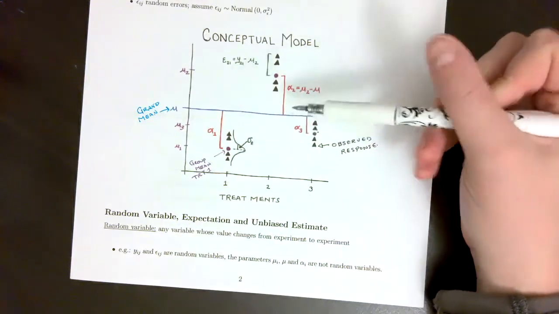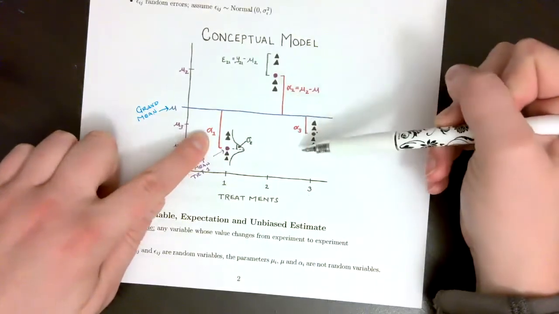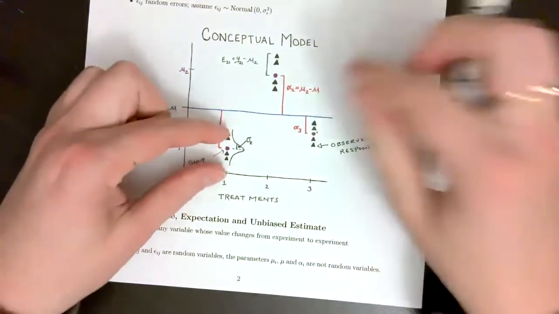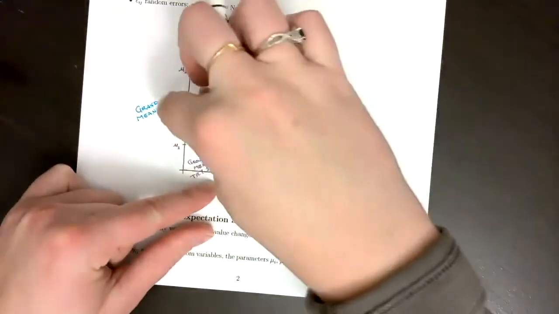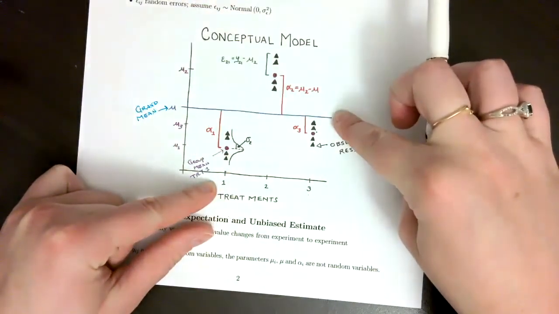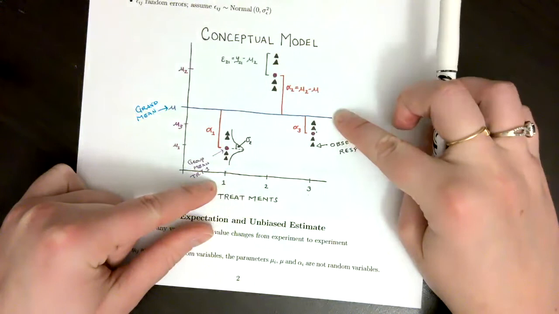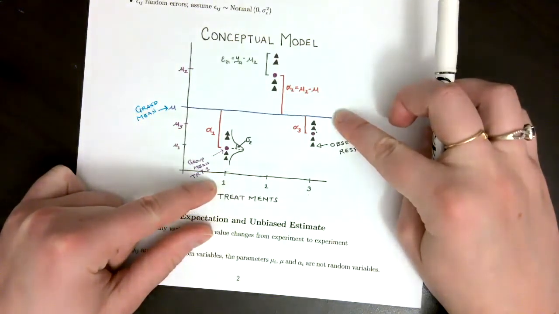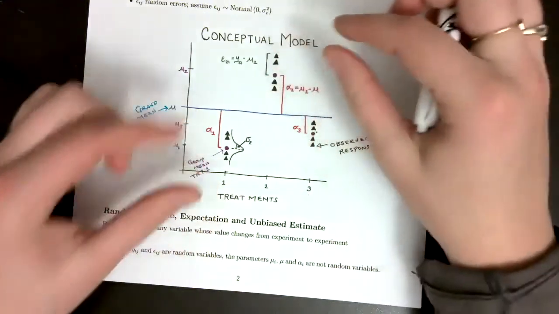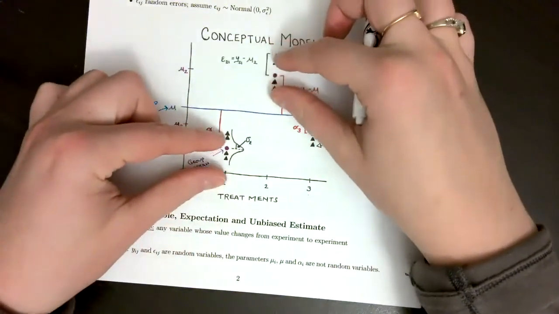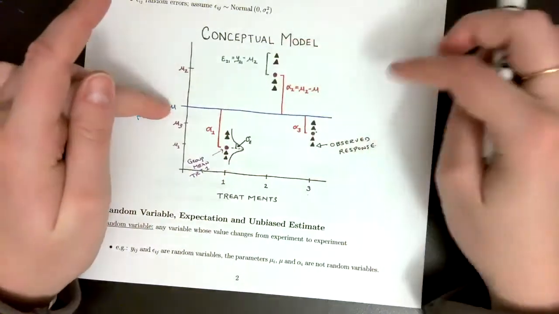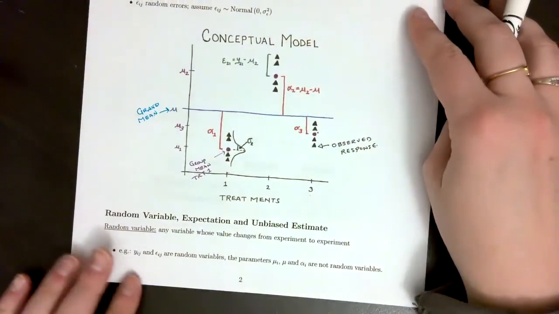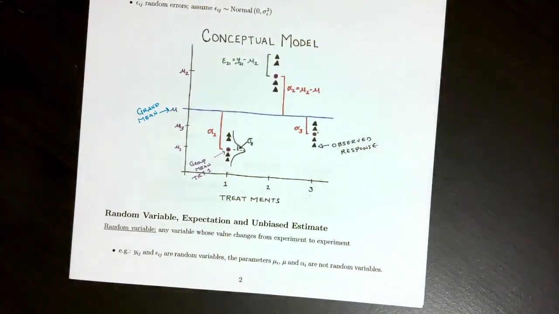And it's easy to see that if these alphas are very big, then these groups are far away from the overall mean, which implies that the treatment effects do differ. But if these alphas are really small, then these groups are going to look closer and closer to the grand overall mean, and so that would imply that the treatments really don't have an effect.